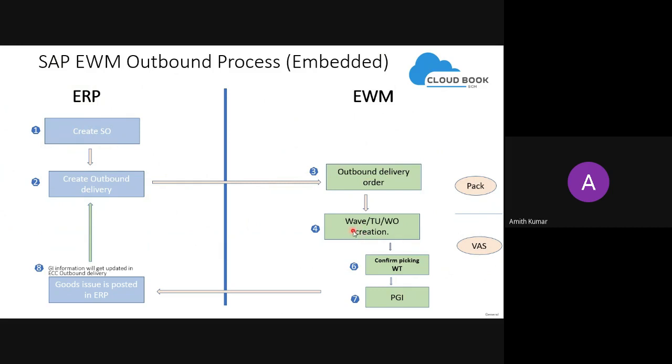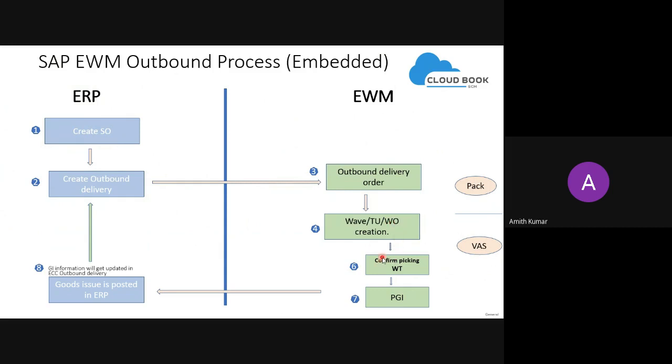Waves basically combine all the requests coming from the ERP system depending on certain criteria, and using this we create warehouse orders. Warehouse orders, just consider, are basically picking instructions.